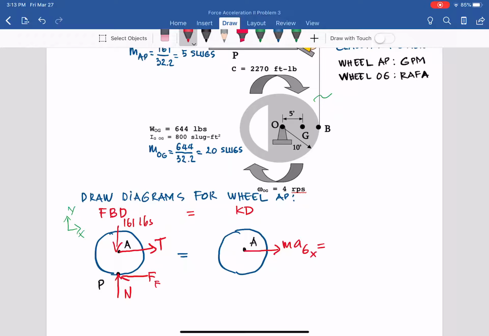In this case it's not really an A but m a_Ax, because the center of mass is A. The mass here is 5, so it will be 5 a_Ax. There is no m a_Ay because A does not jump up and down, so you don't have that component. With the clockwise rotation, you have I_G alpha, in this case I_A alpha.